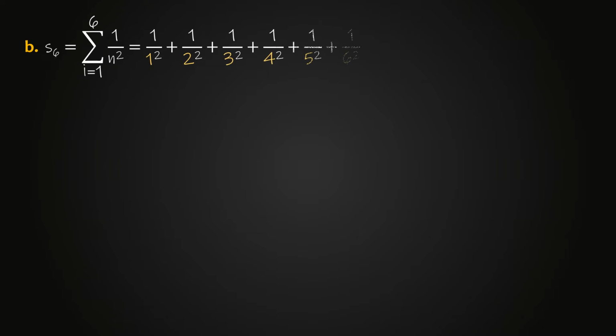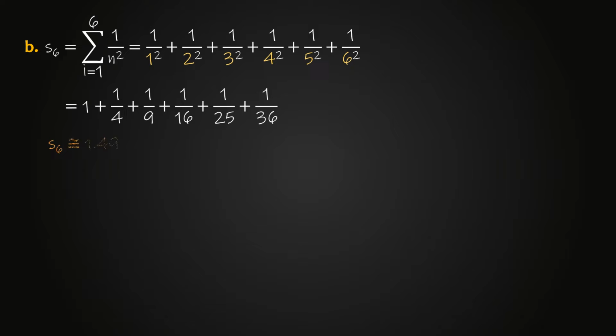B. The sixth partial sum is the sum of the first six terms of the series. Thus, the sixth partial sum is approximately equal to 1.49.